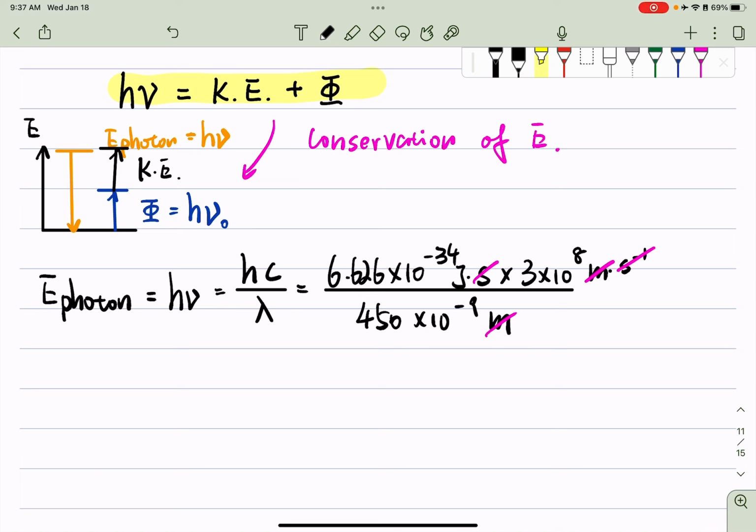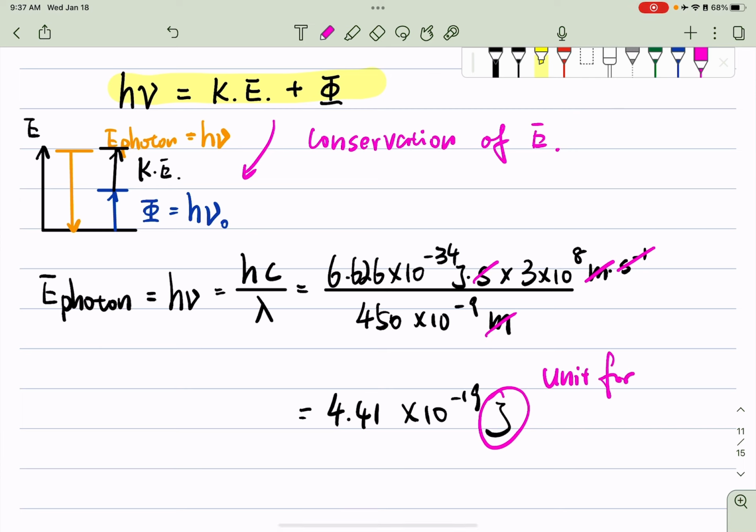Meter cancels with meter, s to the minus 1 cancels with that s, and we end up with 4.41 times 10 to the negative 19 joules. Joule is a unit for energy, and that's a sanity check that your calculation is correct. That's why I always keep the units when I'm writing my equation. So we're happy because we're getting the unit for energy.